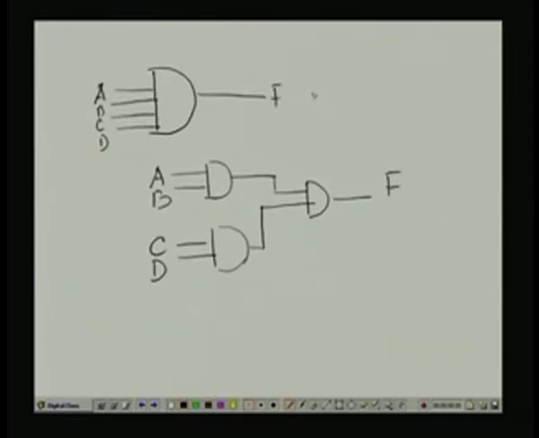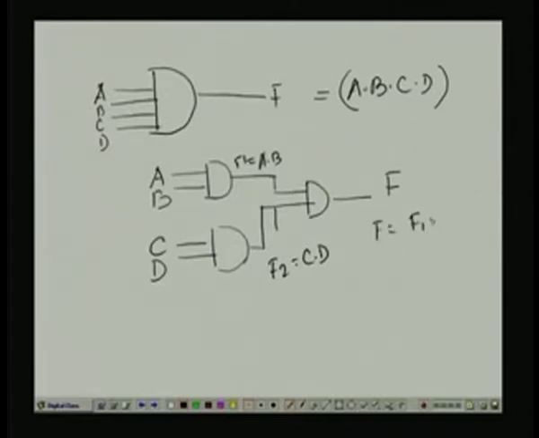So, this will be F equal to A dot B dot C dot D. Here it is A dot B, say this is F1, say this line is F2 equal to C dot D, and this is F equal to F1 dot F2, means A dot B dot C dot D. Similarly, the same thing will happen for OR or other operations also.